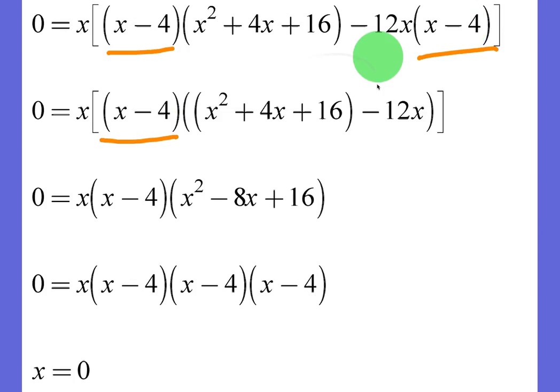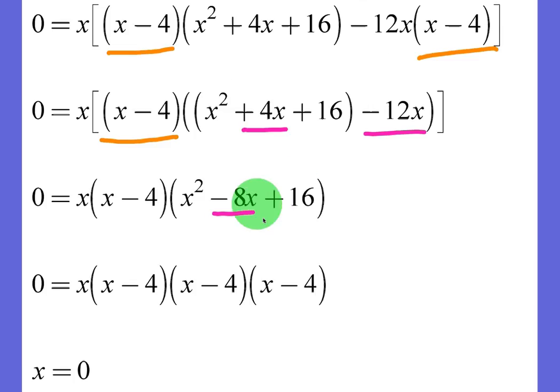And when you pull it out, you're left with x squared plus 4x plus 16, the one factor attached to this, minus 12x, the other factor attached to the x minus 4. From that point, we can group the plus 4x and the minus 12x, and we'll make minus 8x. And now we're getting much closer to a factored form.